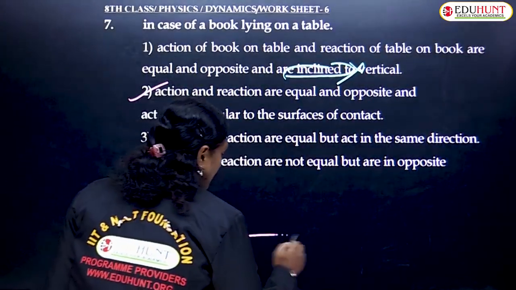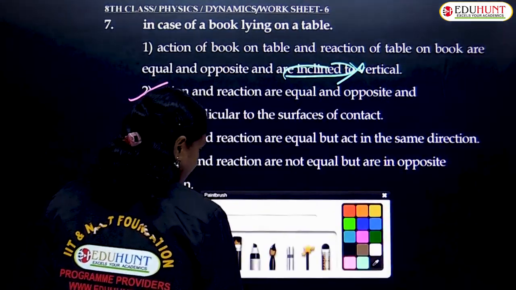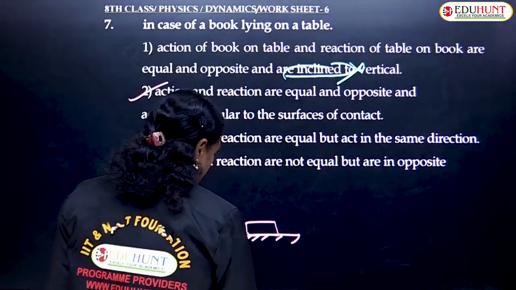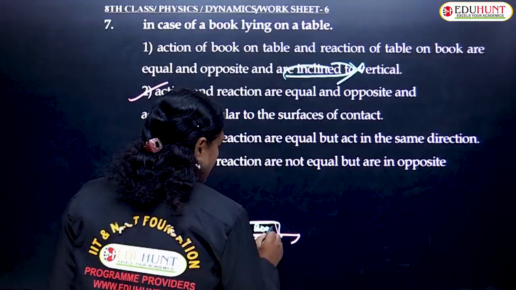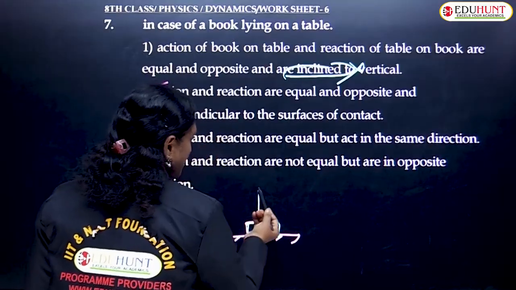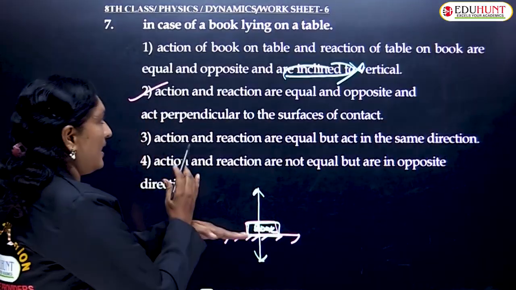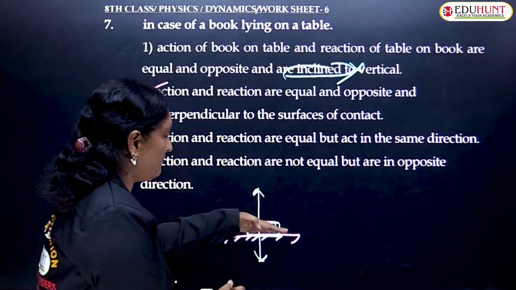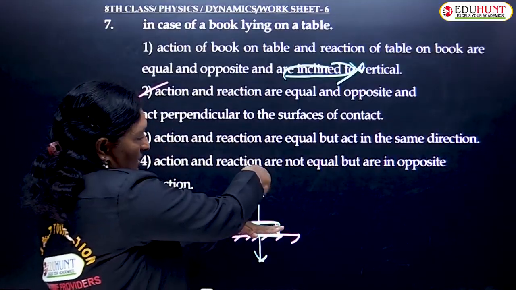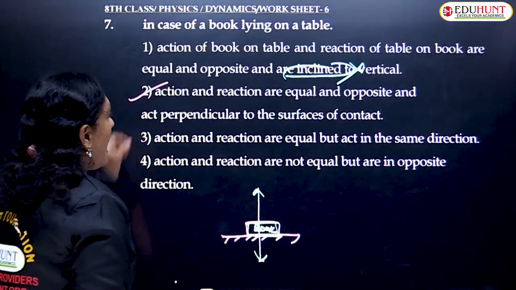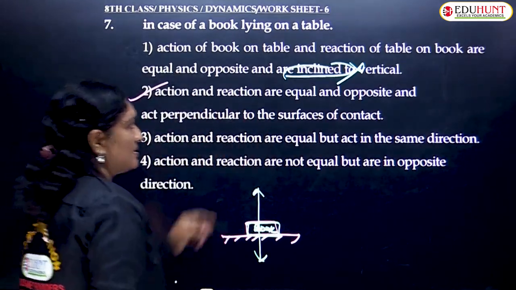If the surface is this and this is your book, then the action part is in the perpendicular direction, and the reaction part is also in the perpendicular direction. So action and reaction are equal and opposite and act perpendicular to the surface of contact.